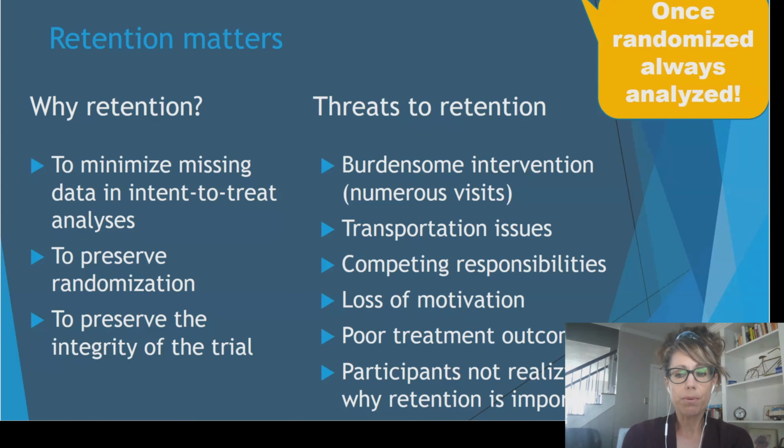So regardless of whether a participant provides follow-up data or not, they must be included in an intention to treat analysis, which is the appropriate primary analytic approach for the vast majority of clinical trials. And so the less missing data you have, the better in terms of the integrity of your trial. So we want to preserve that randomization, preserve as many participants as possible so that we can minimize missing data.